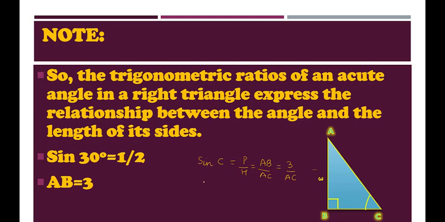And we know sin C is sin 30 and the value of sin 30 is half. So 1 by 2 is equal to 3 by AC. Cross multiply and solve. We will get the value of AC. So AC is equal to 6. 6 units, whatsoever the unit, meter or centimeter, depends. So this is how, if a side is given and angle is given, we can find the other side, or if two sides are given, we can find the angle.